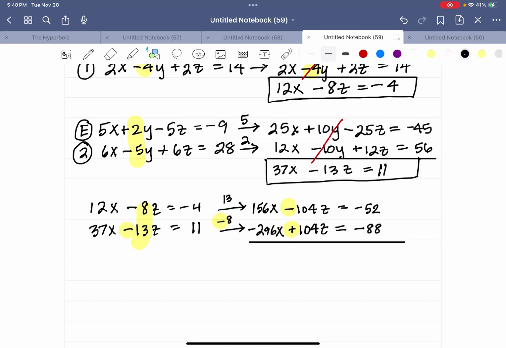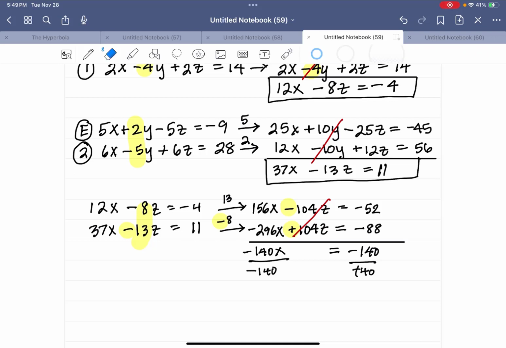All right, so now, using my calculator, negative 296 plus 156, negative 140 x, z's are eliminated, equals negative 52 plus negative 88 is negative 140, divide by negative 140, divide by negative 140.